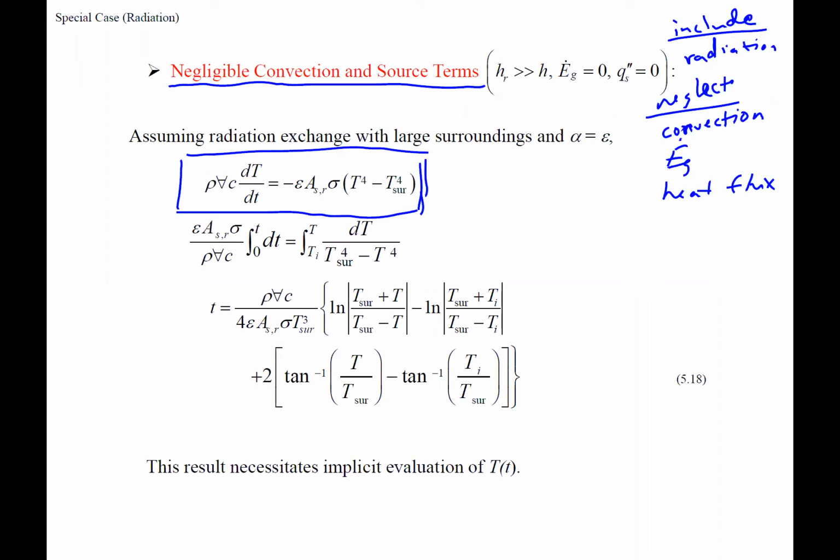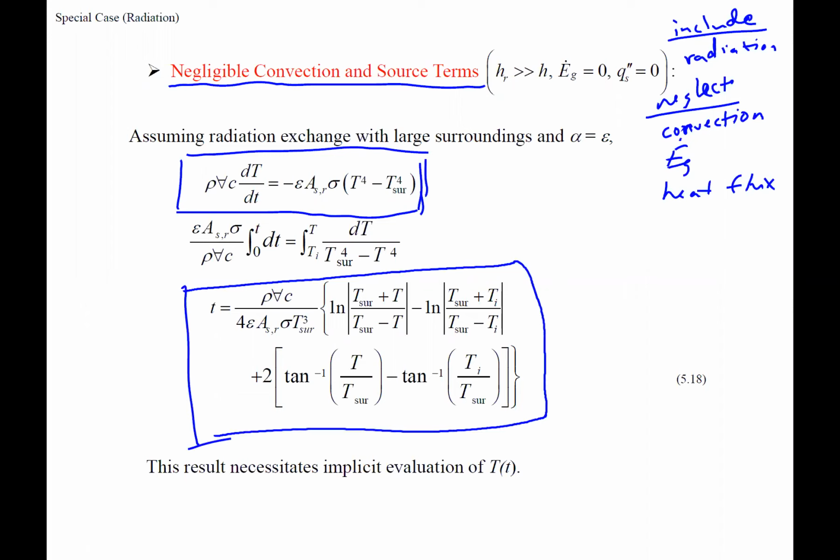And now we can move dt over and integrate this equation, and we get this nice small equation 5.18. Fun one to write down, fun one to put in the calculator, and a fun one to get our answer. It relates time and temperature. Time is much easier to solve for in this one than temperature.